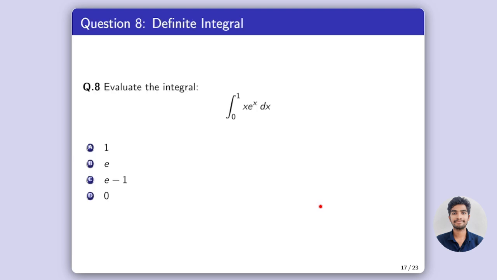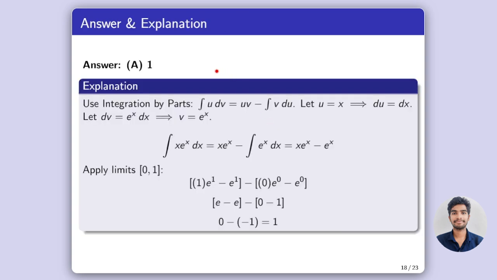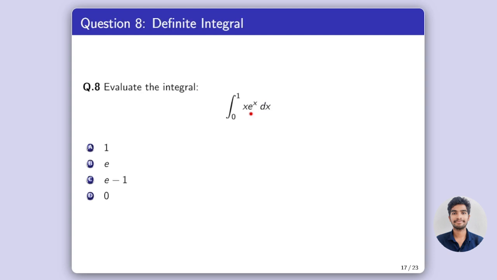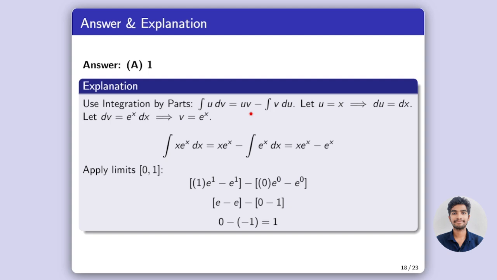So next one, a definite integral question. This is very important also. Evaluate the integral. The question looks very silly, and we need to solve this one. Here we observe that integration of x into e power x dx is in the form of integral of u dv, so we use integration by parts. The by parts formula is integration of u dv is equal to uv minus integration of v du.